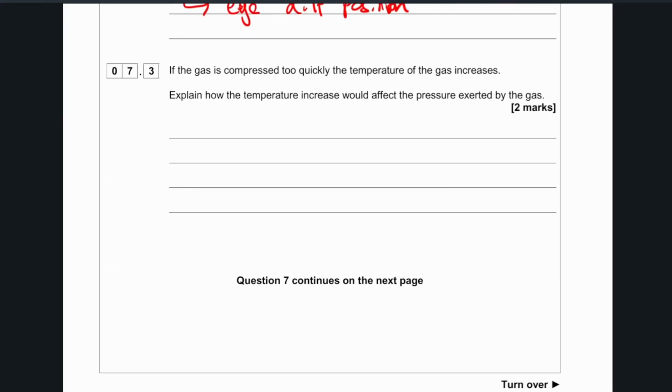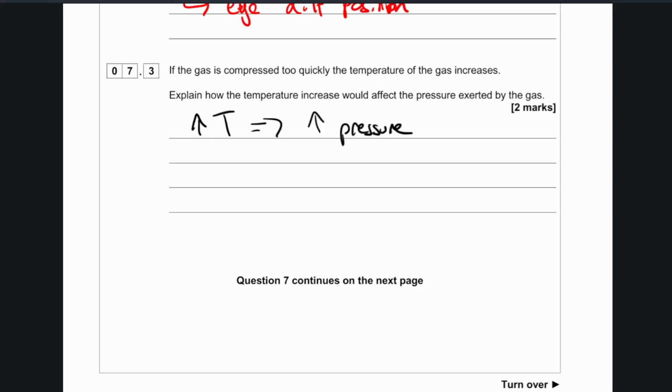7.3, if the gas is compressed too quickly, the temperature of the gas increases. Explain how the temperature increase would affect the pressure exerted by the gas. And so if you have an increased temperature, what actually happens is that the pressure also increases. Why does that actually lead to an increase in the pressure?